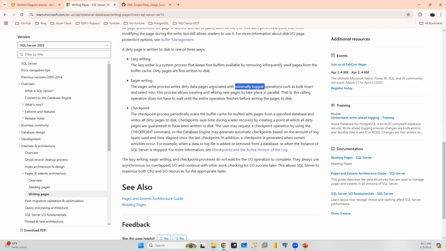Now see, when your recovery model is bulk logged and you are performing a bulk operation, what the eager writer is doing is page creation and page writing in parallel to improve the performance of that bulk operation.